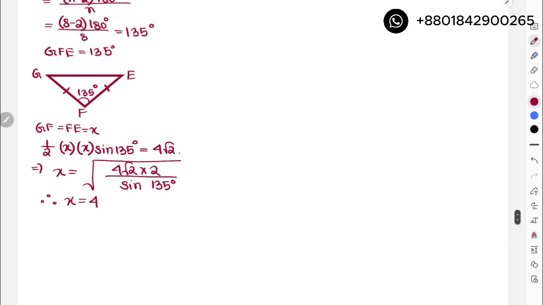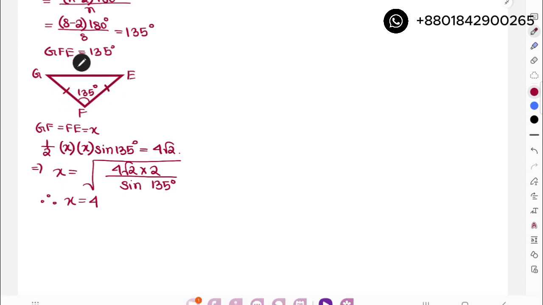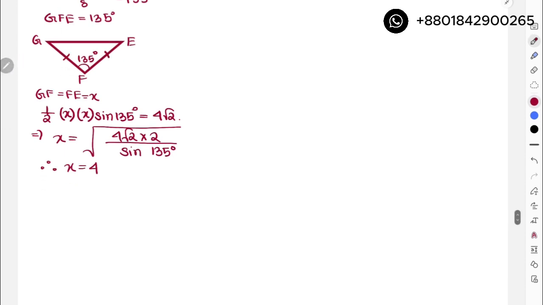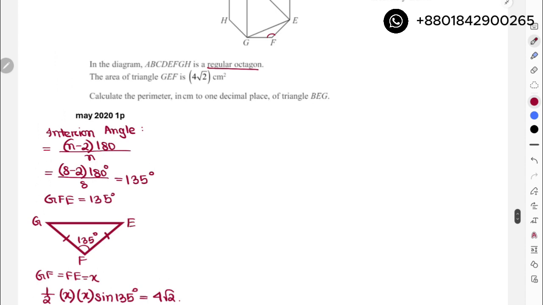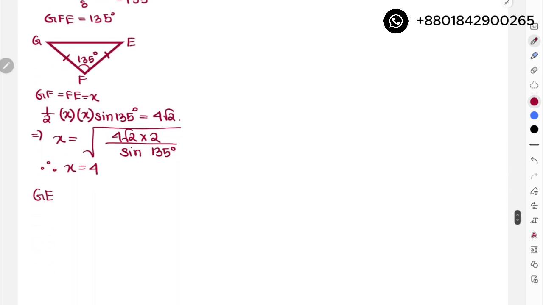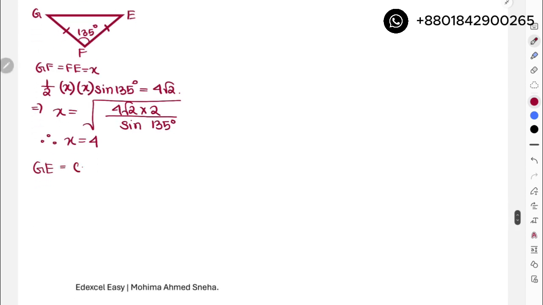If you have the value for the length of these two sides as 4 and 4, I can easily use the cosine rule to find the length of GE. Understand that in order to find the perimeter of BEG, EG was one of the lengths that you had to calculate, out of the 3 lengths. So we calculate the length of GE using the cosine rule.